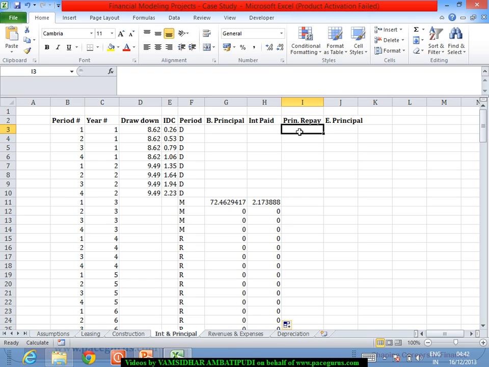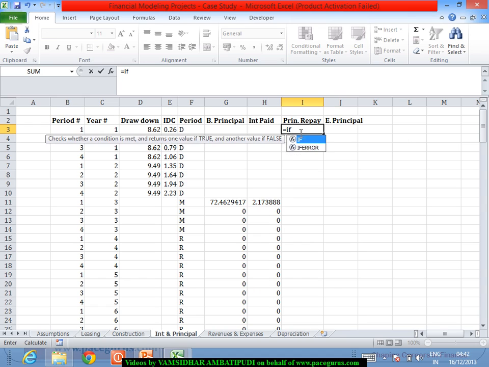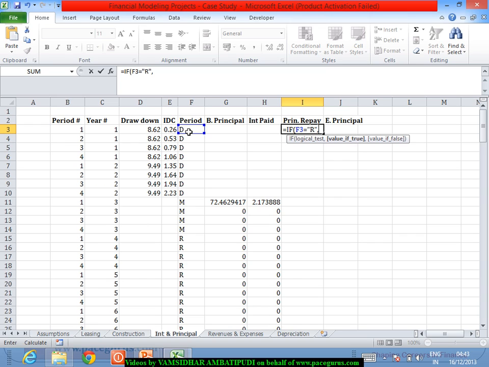Whenever we are talking about the principal repayment, only when the period is R, meaning it's a repayment period, the repayment will be applicable. So how much would I be repaying when it is equal to R, assuming that it's an equal principal repayment?